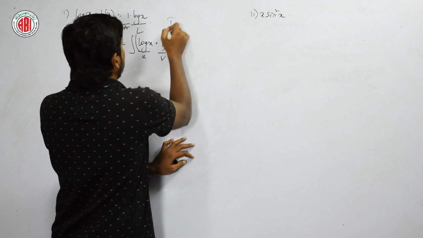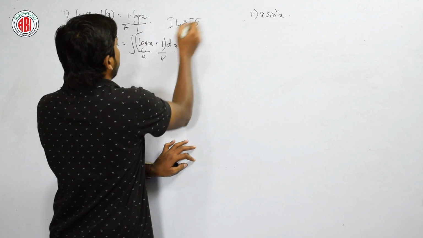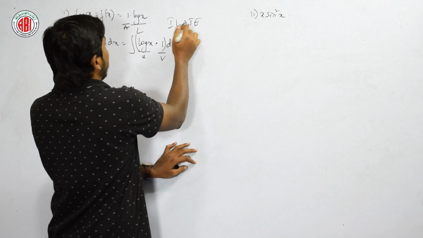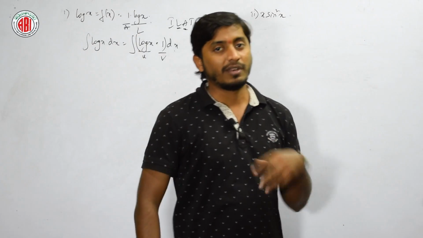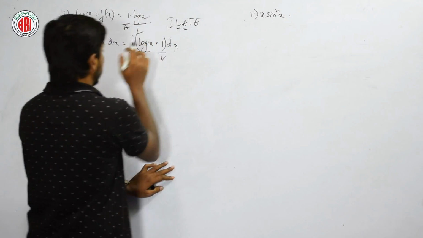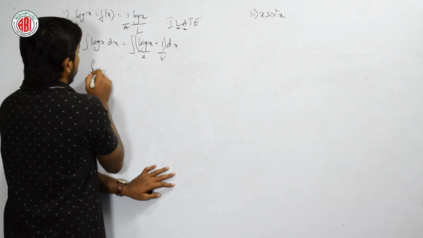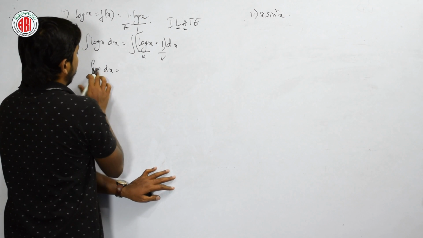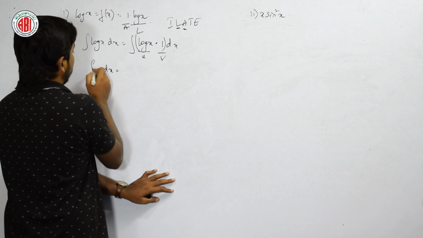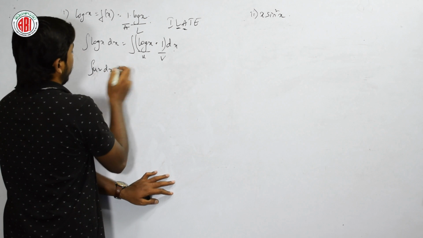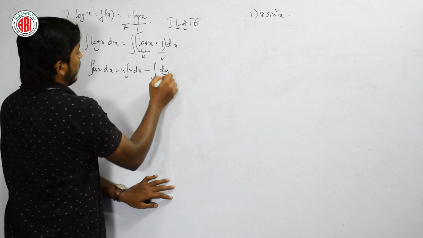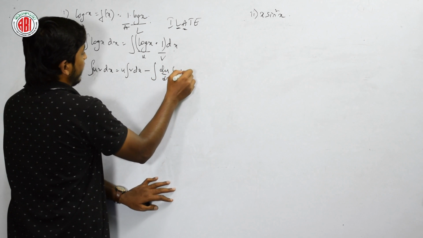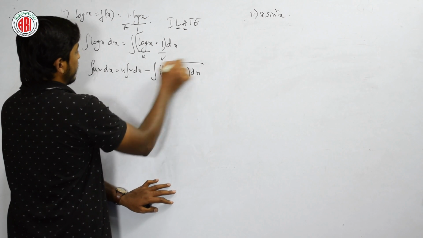In ILATE, L is first, algebraic is next. Shall we substitute in the formula? You will directly get the answer. And this formula we are going to use in the next formulas. Integral u v dx is nothing but, let me write it clearly, u integral v dx minus integral du by dx integral v dx whole dx.